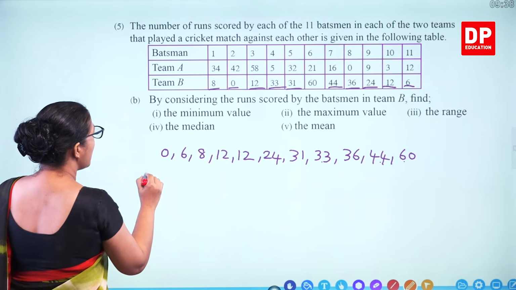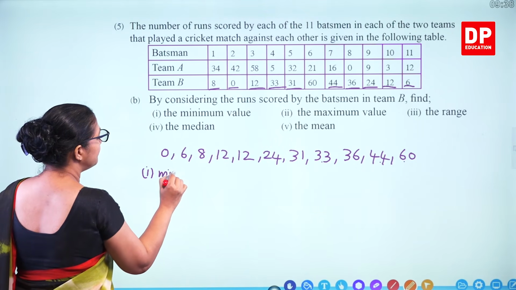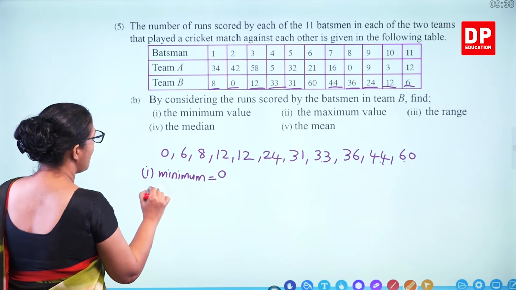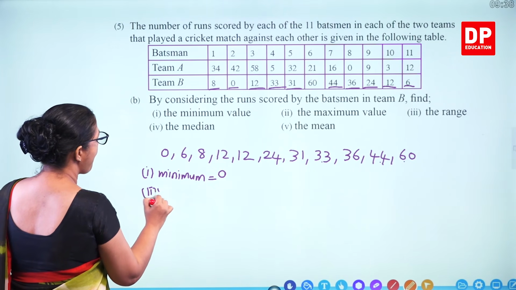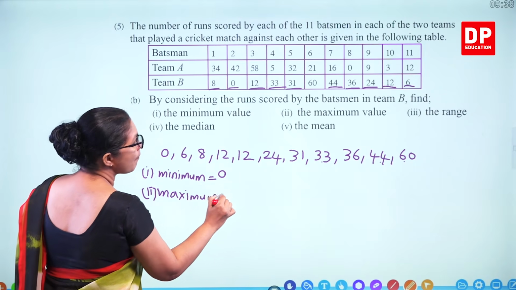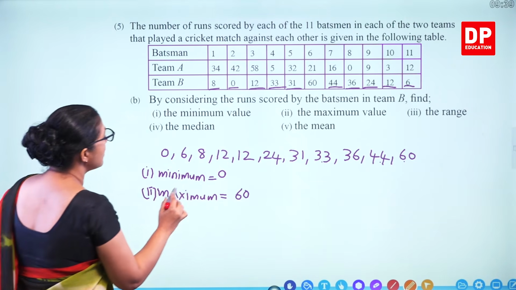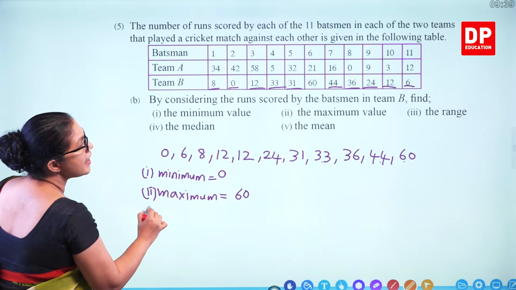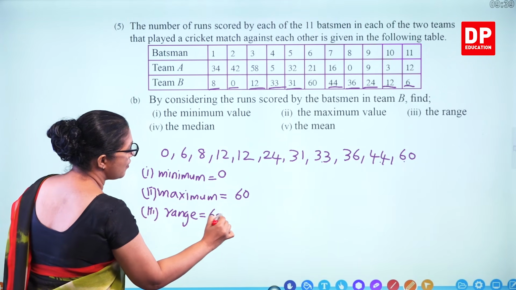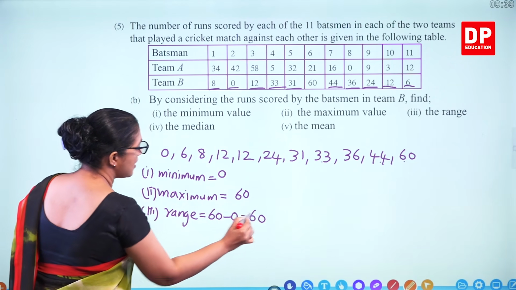So now you can find out the minimum is 0, maximum is 60, then range: 60 minus 0, that's 60.